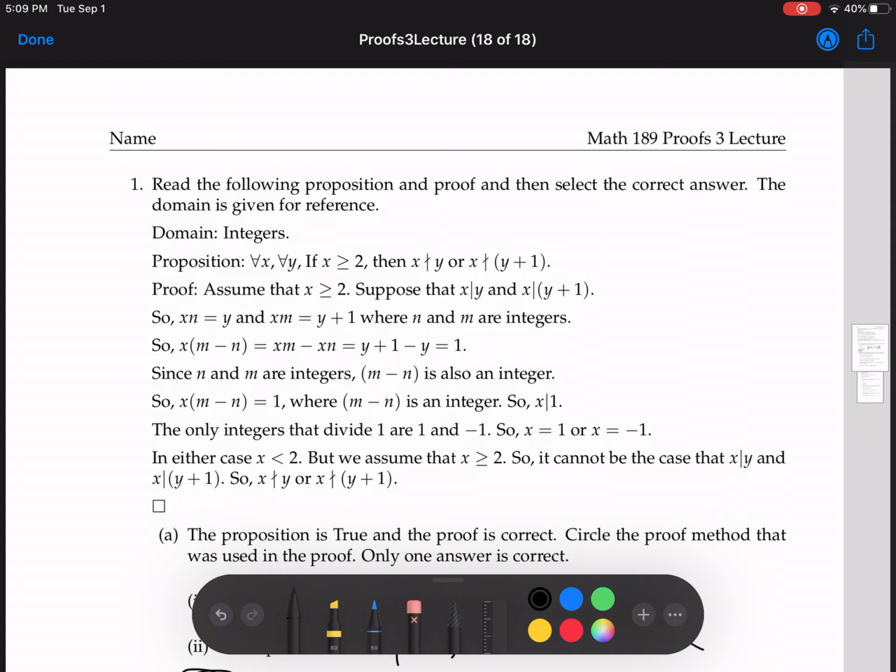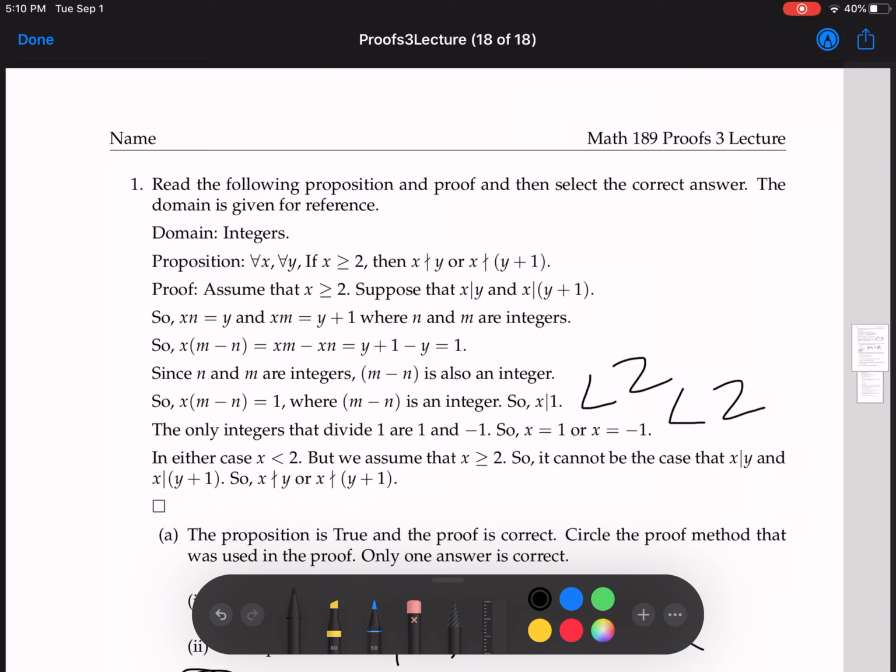Now think about this. Divides only works with integers. So the only integer that could divide 1 is 1 or negative 1. So if x divides 1, that means that x is equal to 1 or negative 1. And in either case, 1 is less than 2, and negative 1 is also less than 2.